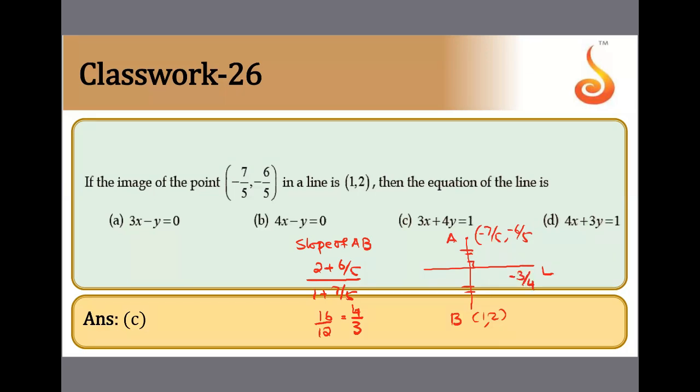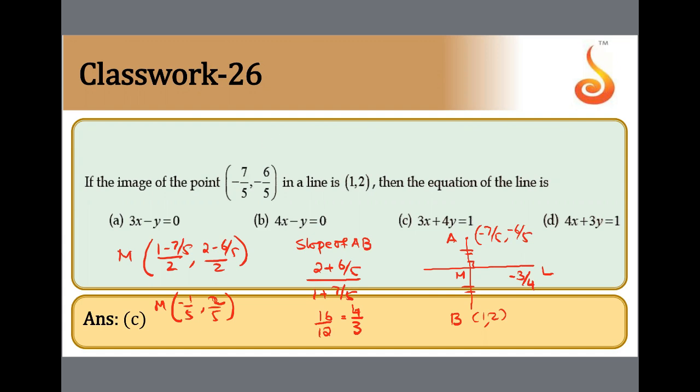M is the midpoint. So what is the coordinate of M? M will be ((1 minus 7 by 5) by 2, (2 minus 6 by 5) by 2). So the coordinates of M: 1 minus 7 by 5 is minus 2 by 5, over 2 gives minus 1 by 5; and 4 by 5 over 2 gives 2 by 5. You know M, and you know the slope.